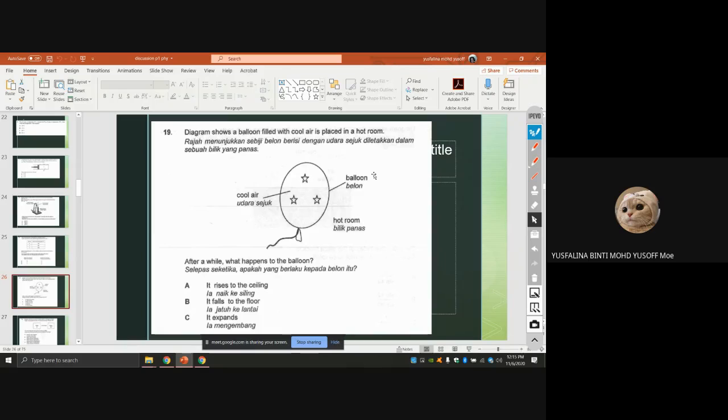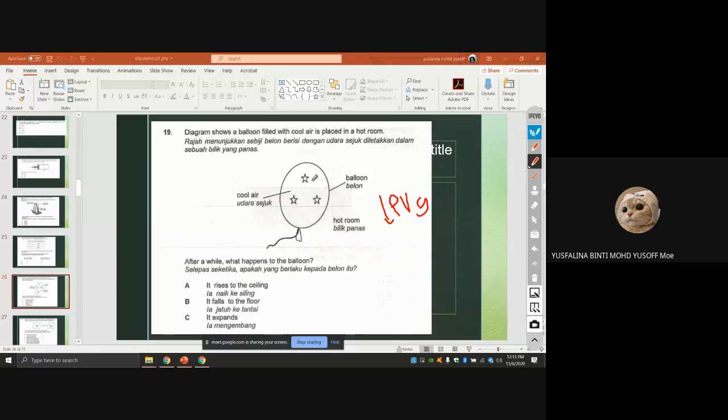When the air is hot, the density is lower. The hot air has a low density. You know the formula rho Vg, so when the density is lower, the buoyant force also should be lower.